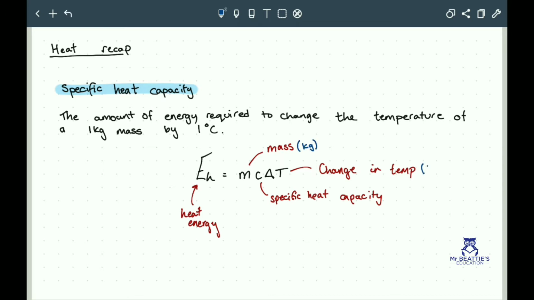Our change in temperature will be in degrees Celsius or Kelvin because they're the same value. So it's just the change, the difference between the two numbers. Our specific heat capacity is joules per kilogram per degree Celsius, and our heat energy is energy, so it's obviously measured in joules.